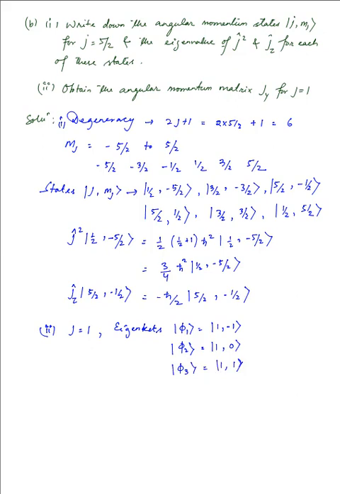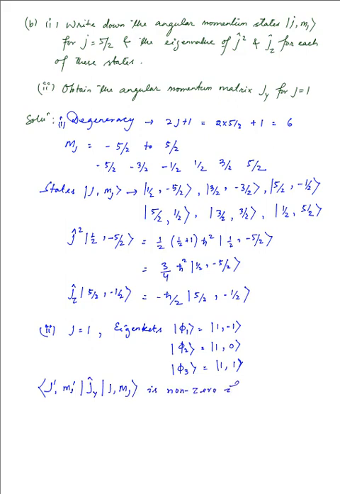So with those being jmj for us, the elements are to be written like this, where j prime, mj prime, Jy operator, jmj.